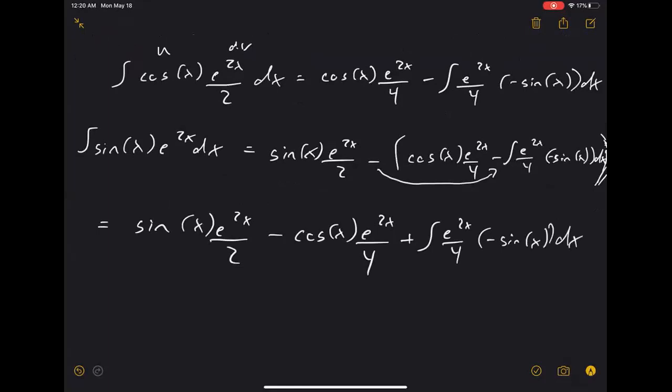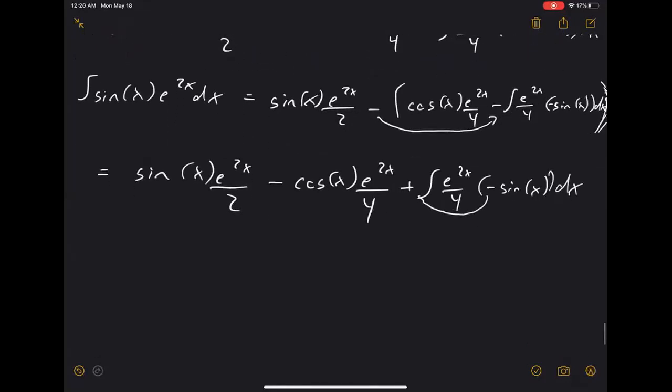All right, and I can pull this negative outside the integral, right? And change that plus to a minus. So instead of rewriting the whole line, I'll just get rid of this negative and change that to a minus. And then I can pull out this 1/4, right? I can pull out that denominator and write this.